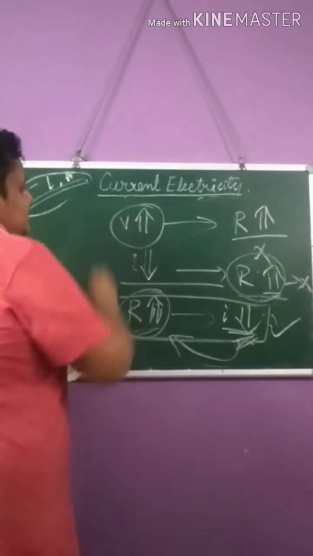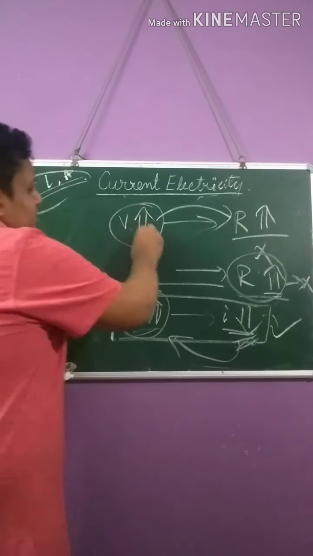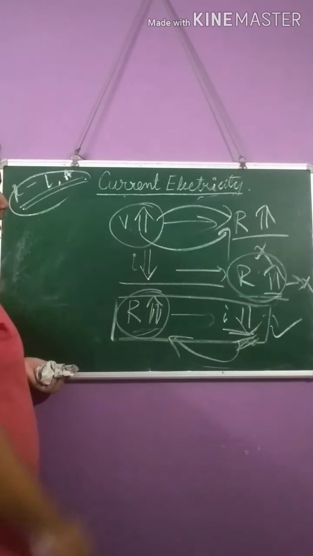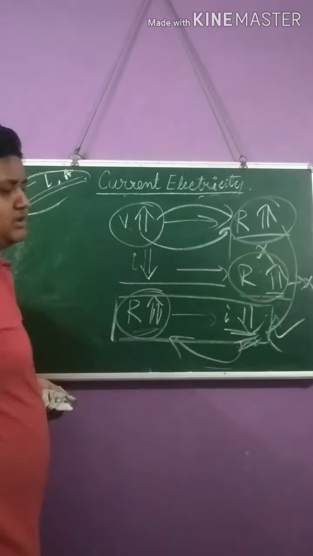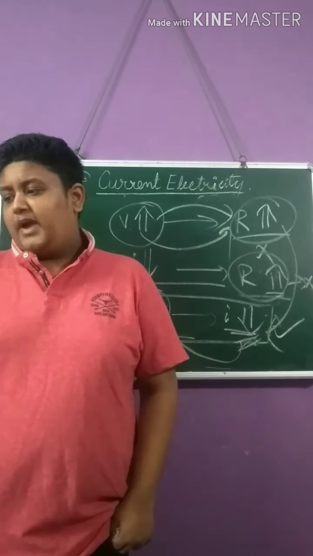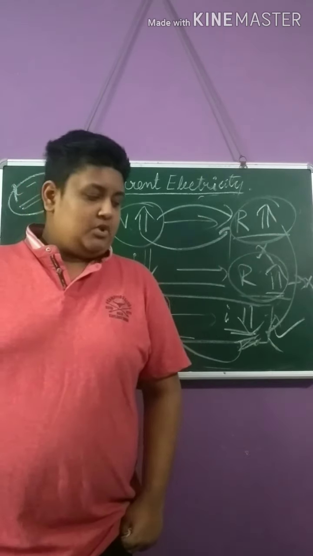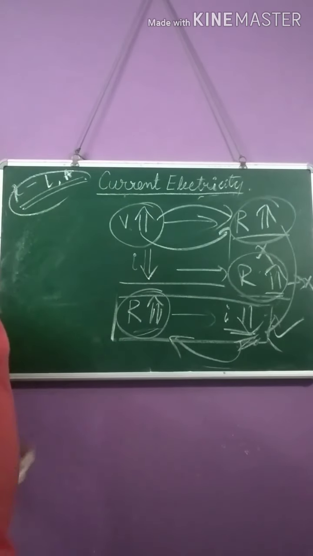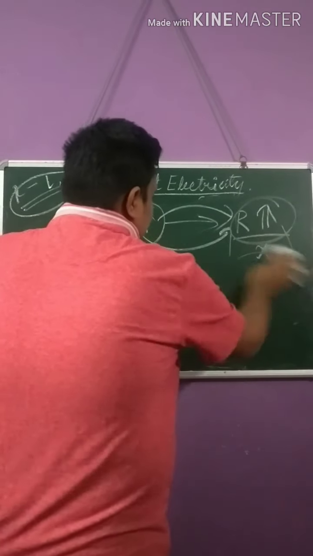By increasing the potential difference you cannot increase R, or by decreasing it you cannot decrease R. But by changing the resistance you can change the current in the circuit. This is an important point, and many students make mistakes. So in your exams, a question is often asked.